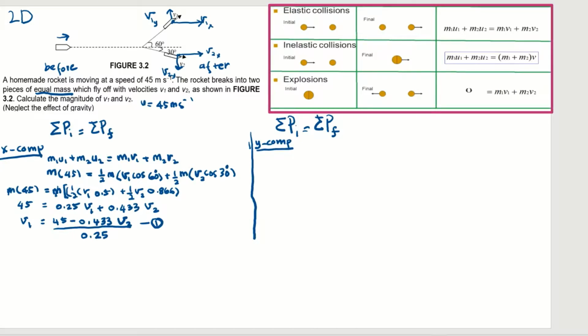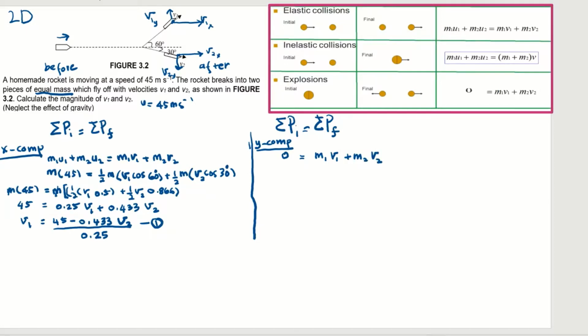Can you see before collision, there is no y component here? Before collision there is no y component, so it is 0. After collision, you have m1 v1 plus m2 v2.